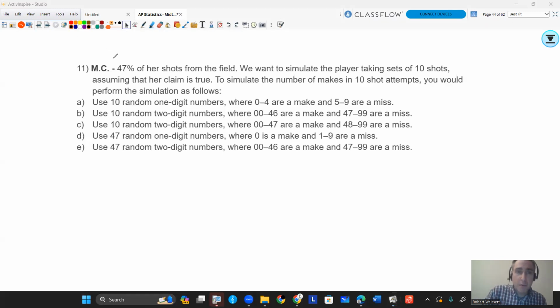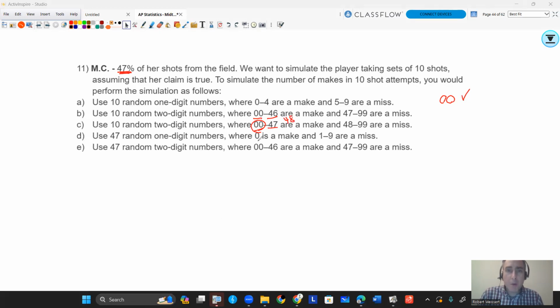If we're simulating a 47% chance of making shots on the field, there's a couple of different ways we can do it. If you're using two-digit numbers, which is what I would recommend here, you have to think about whether we are going from 00 to 46 or 00 to 47. A lot of people are going to select 47 without thinking that 00 counts as a number too. So 00 is like your first number, and that's actually 48 numbers, and we don't want that, okay?